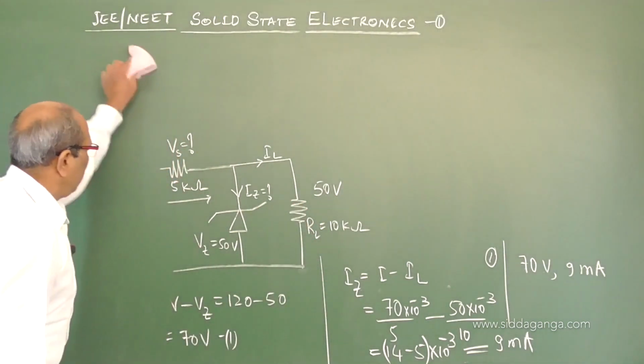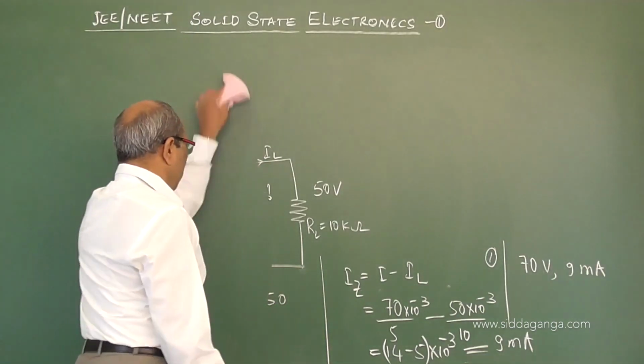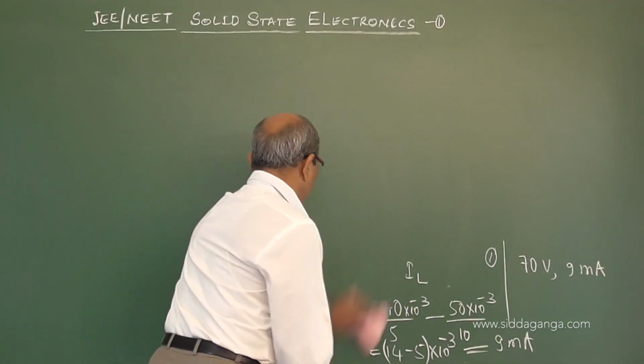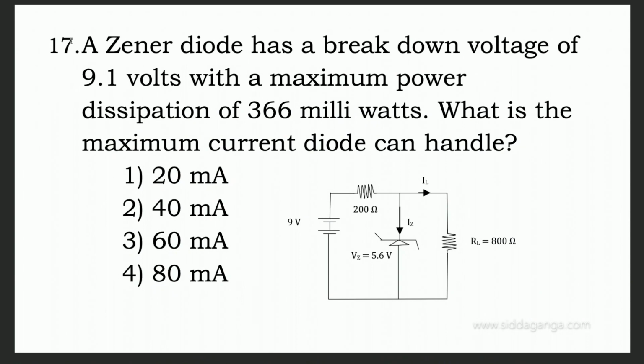Coming to the next. Even in this case, the circuit is similar. Question 17, Zener circuit.